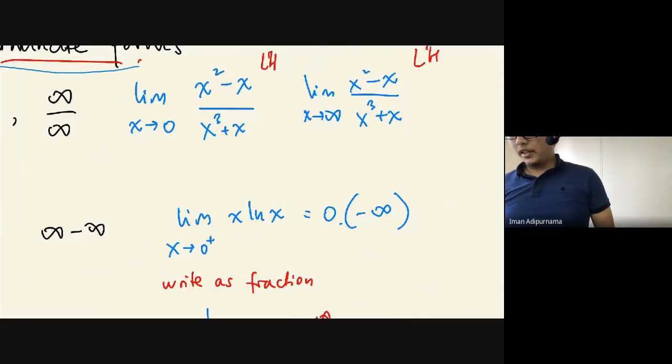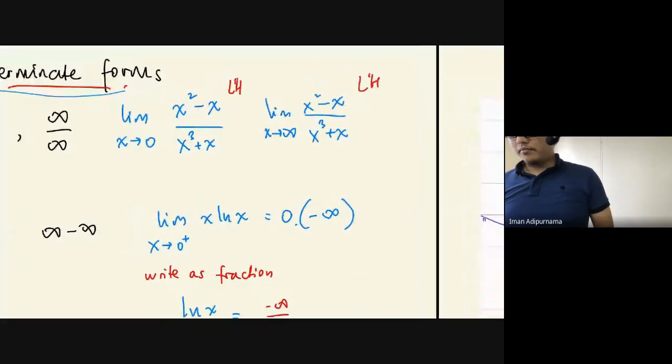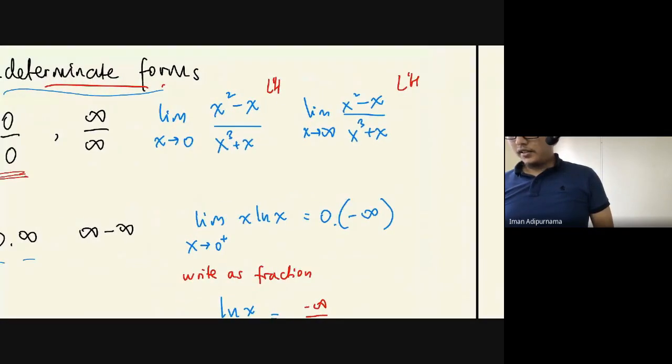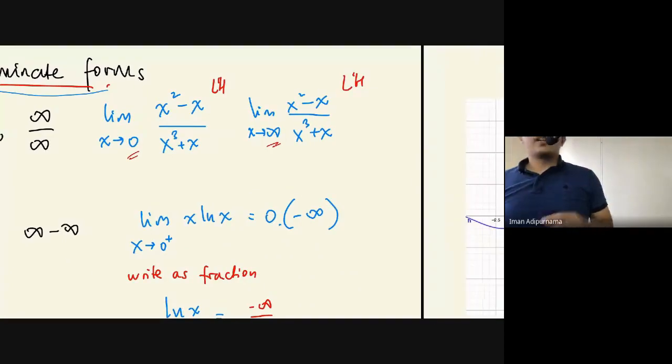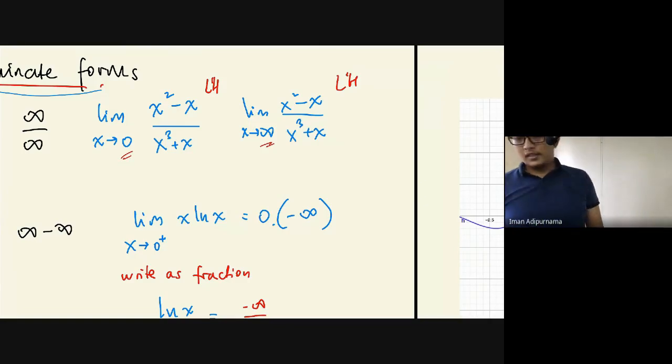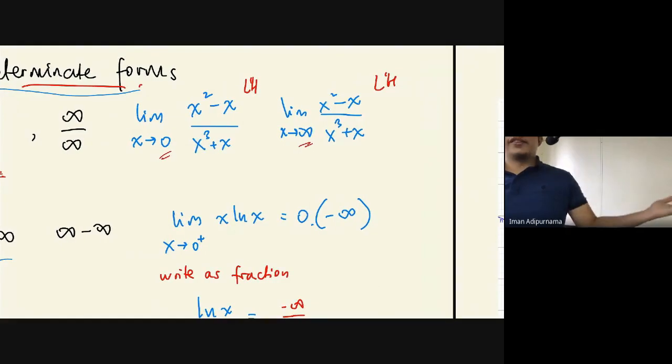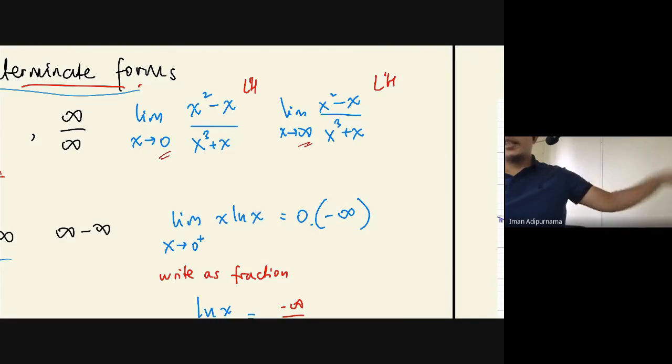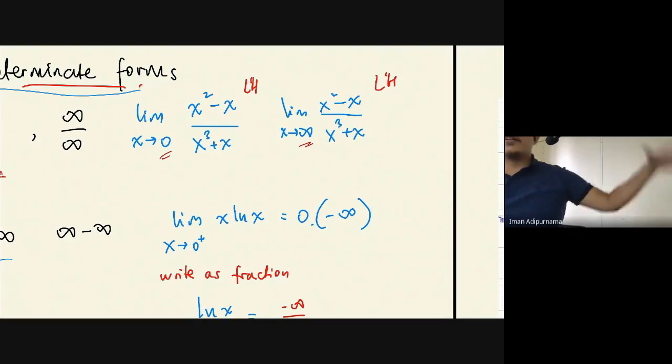So if you have this, both are 0, or both are infinity, both can be handled by L'Hopital because infinity is switchable with 0. So you can directly derive the f and g, the top one and the bottom one, and you solve it.